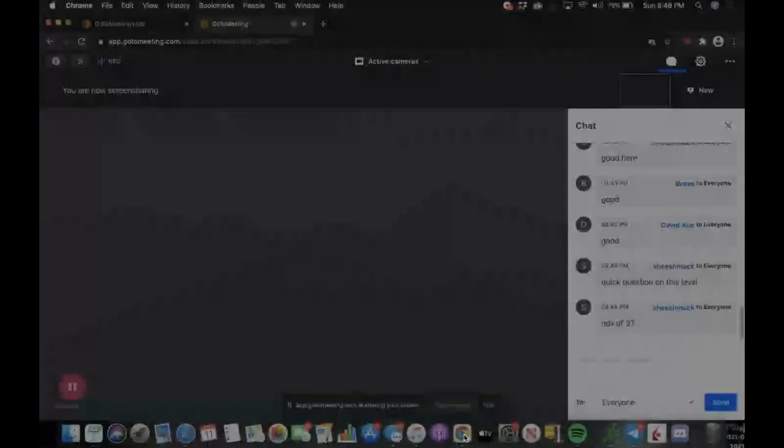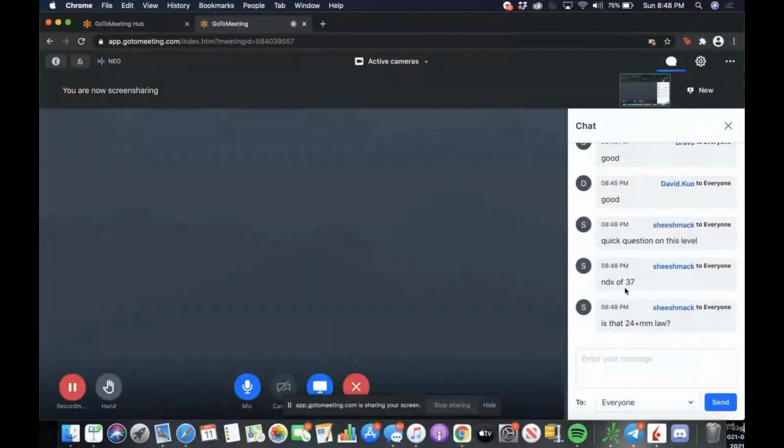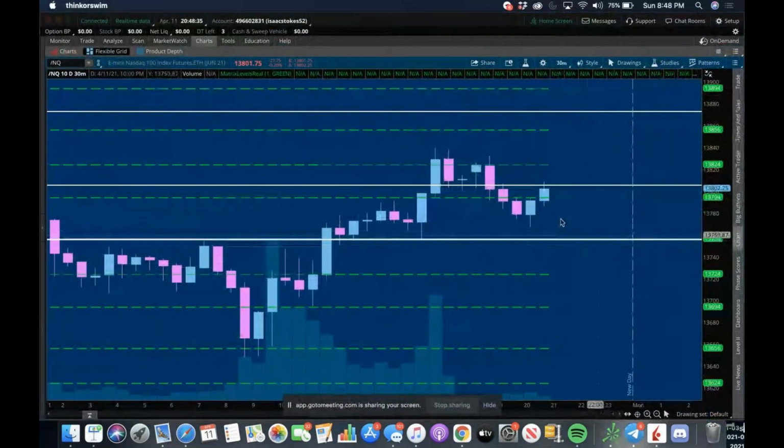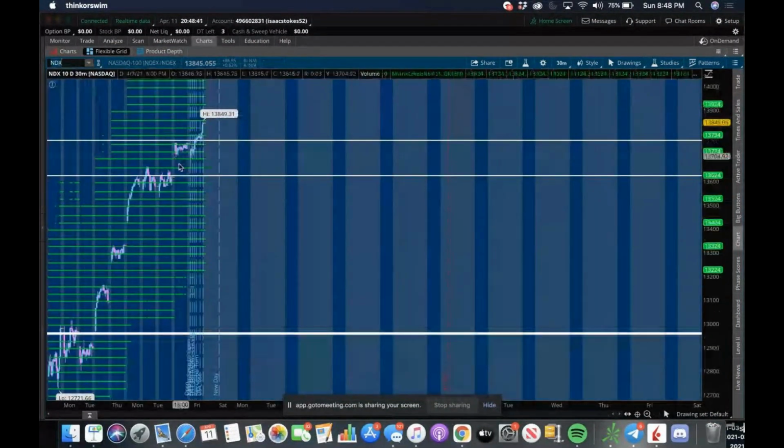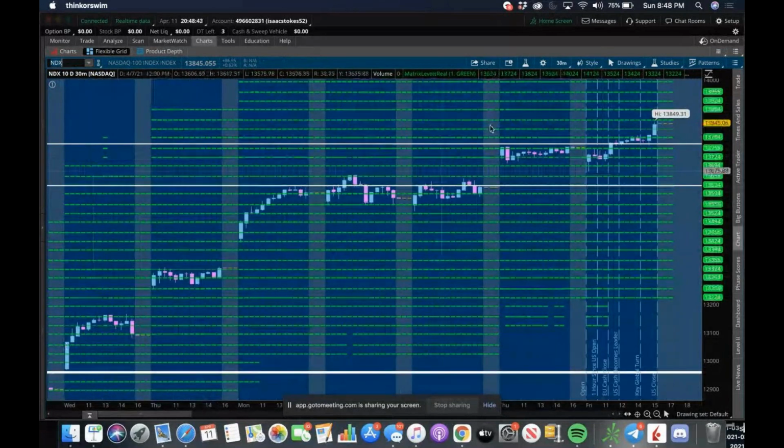So let's take a look here. Quick question on this, NDX of 37, is that 24 plus MM long? Good question. Oh God, I hate this. It looks so ugly.